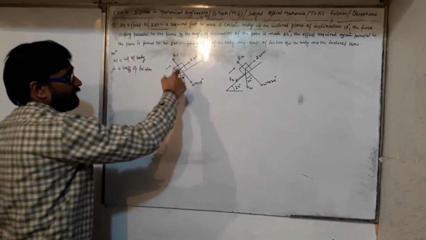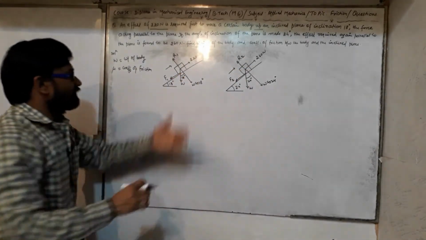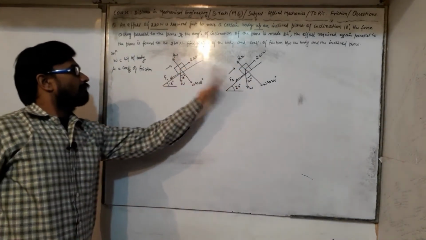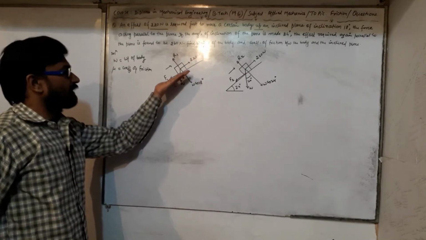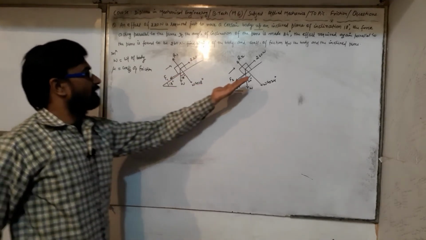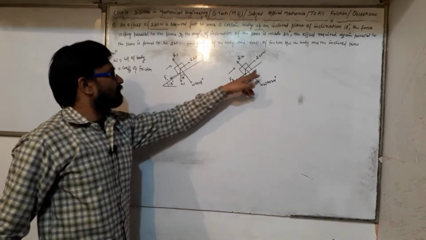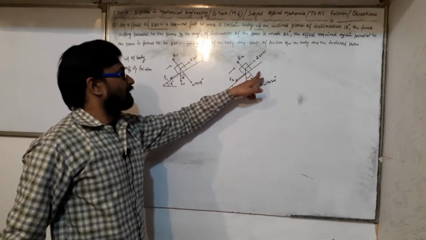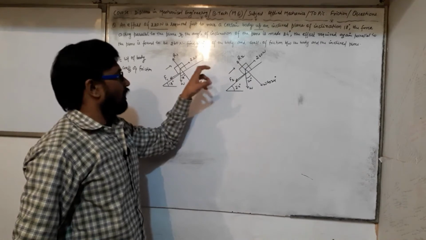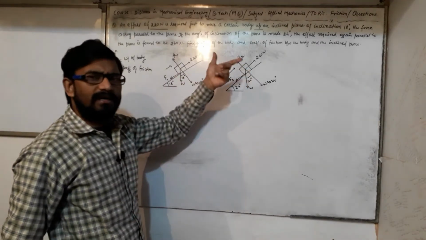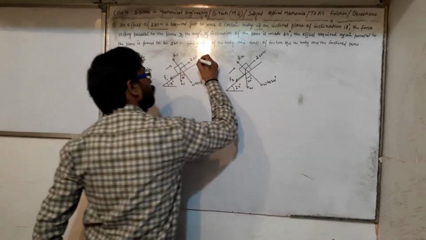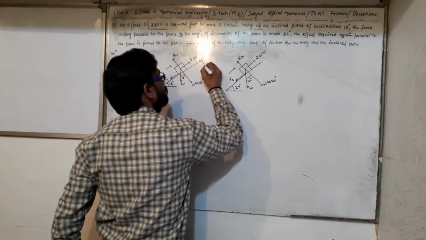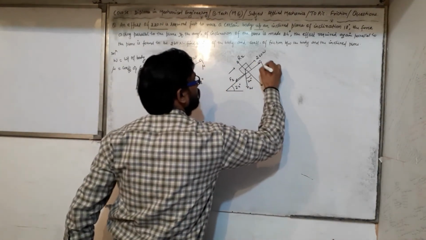But the inclined plane is the same. It is raised by 6 degree more. Initially it is kept at 18 degree with the horizontal, here it is 24 degree. Same inclined plane, made by the same material, hence the mu and the body are also the same. So coefficient of friction will be the same.